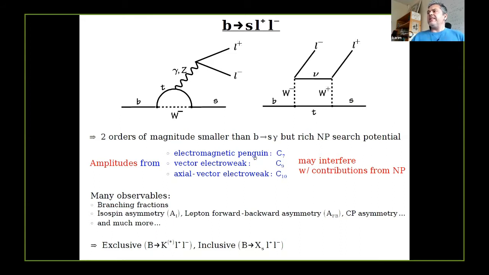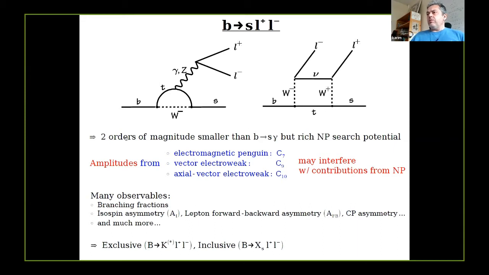So B2S, you see, we were talking about B2S gamma with a single gamma that you observe in the final state, and now B2S LL, and the main two diagrams in the case of the standard model, and let's say a search window through those possibilities of contribution from new physics.